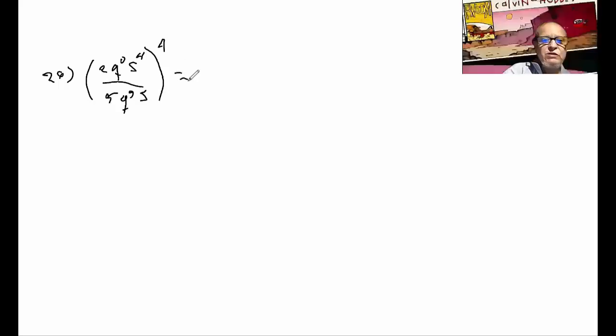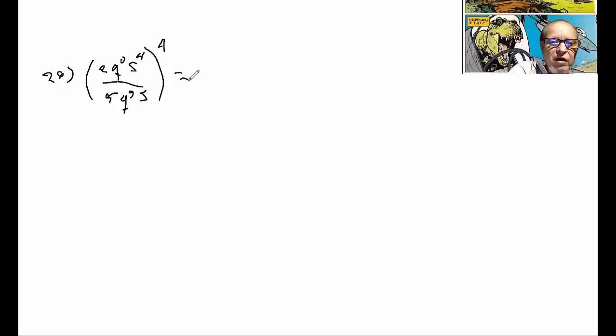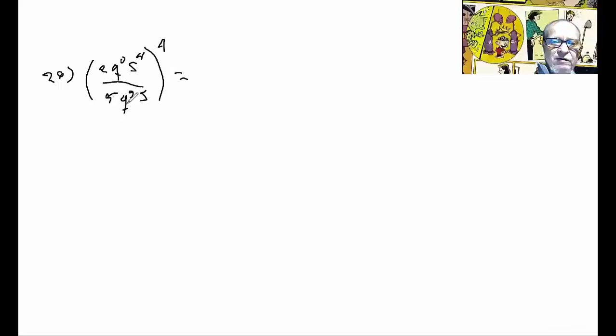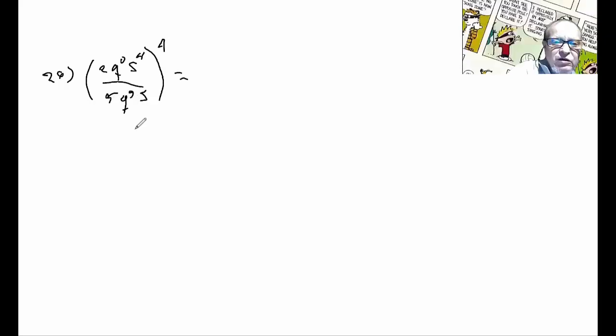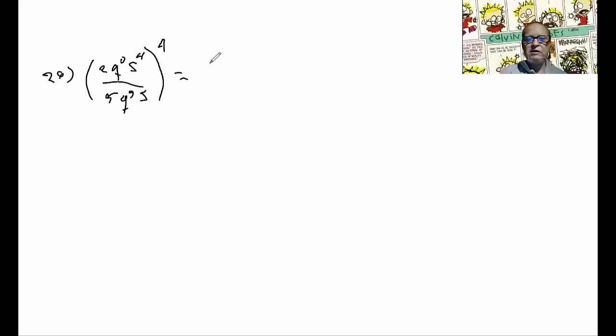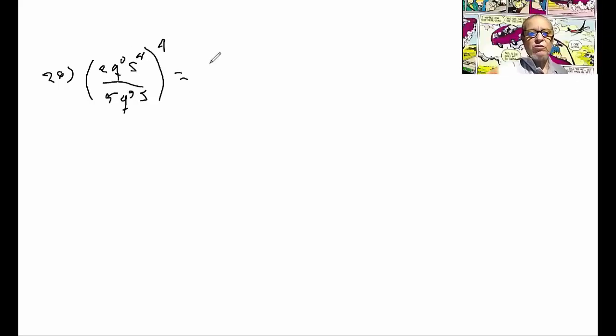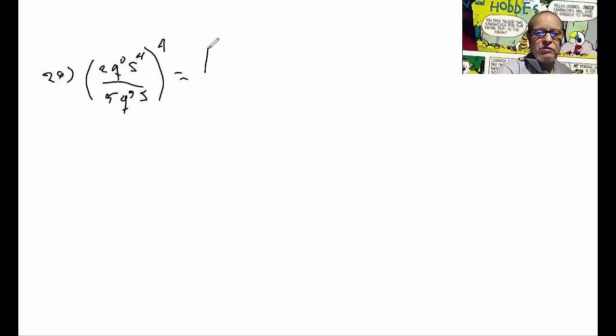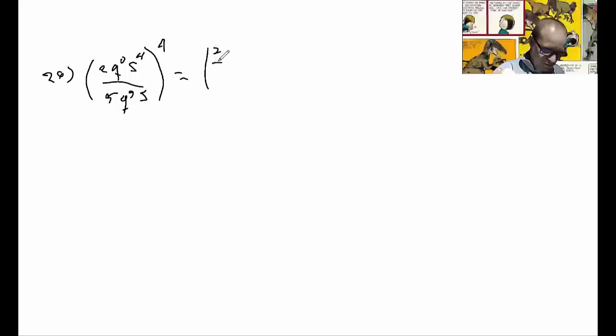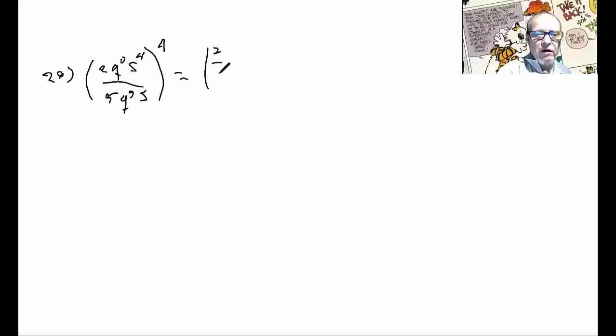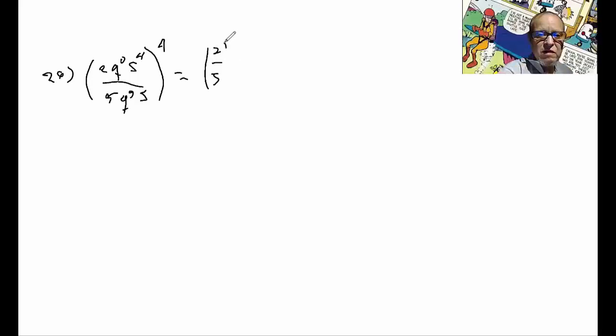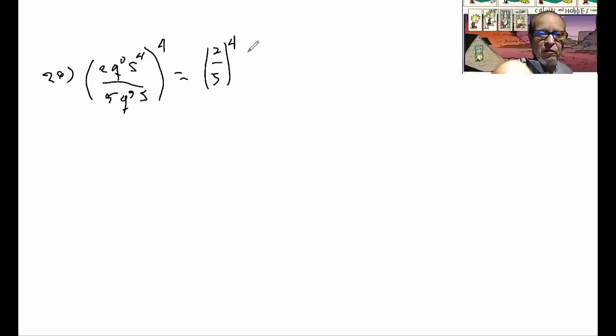So what I usually do is put my constants or my numbers, my variable q's, and my s's in different brackets and bring them all to the fourth power. So I start out with my 2 over 5, and I'll put that to the fourth power.